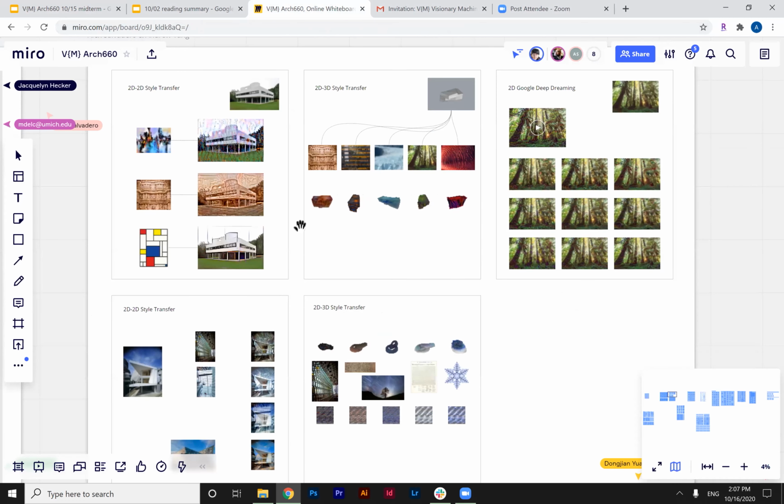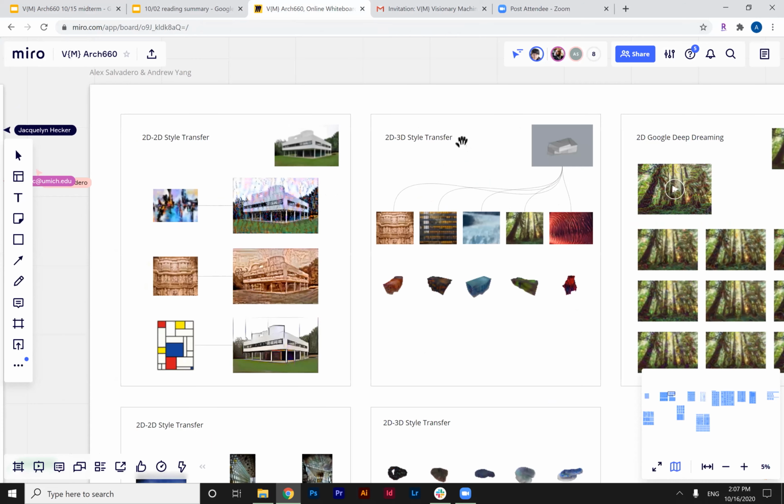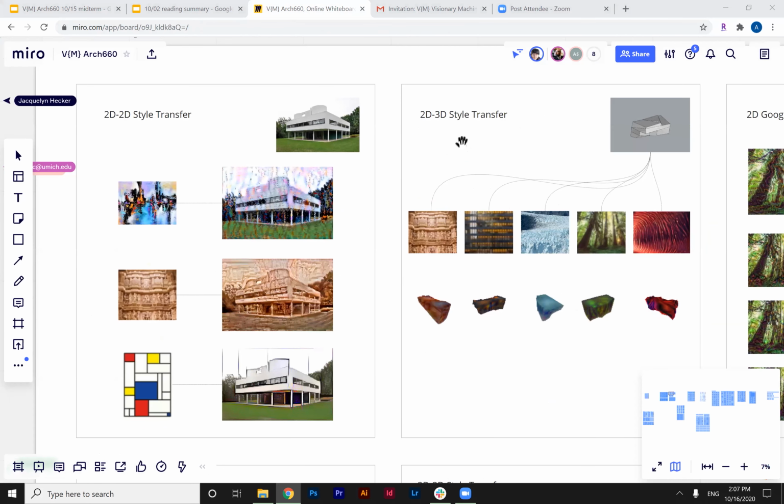Starting at the top left, this was the 2D to 2D style transfer work that I did. I took the Villa Savoye and tried a few different style images. I thought the middle one, a close-up of some of the ornamentation at the Lakshmana temple, came up with the most interesting result.